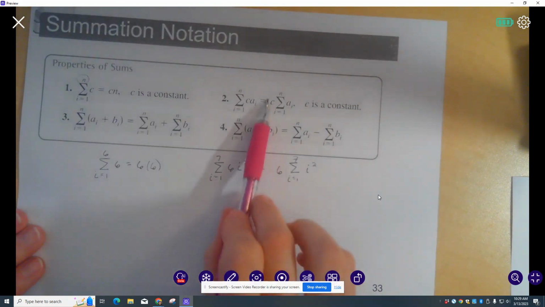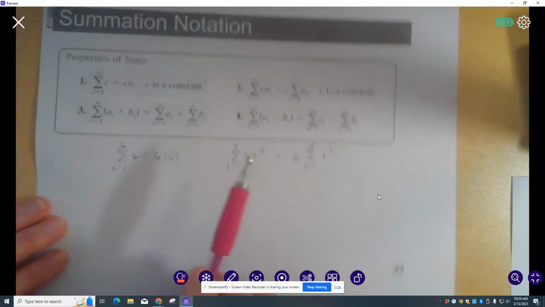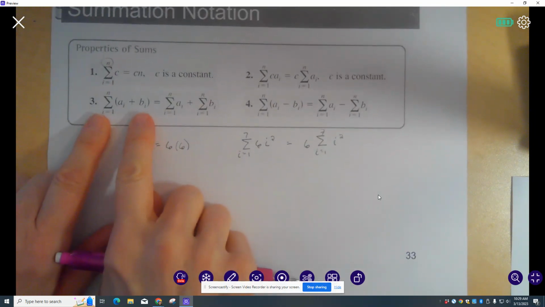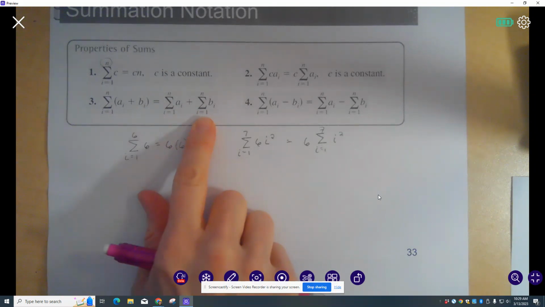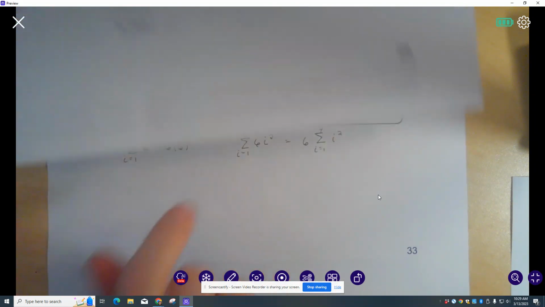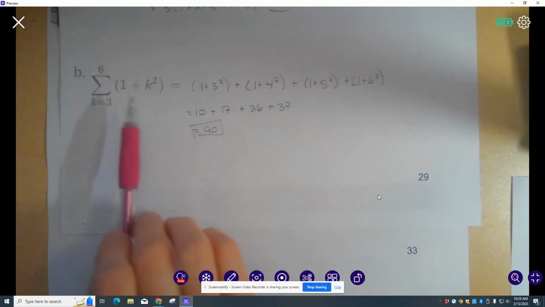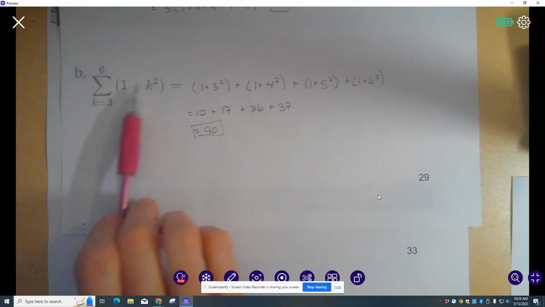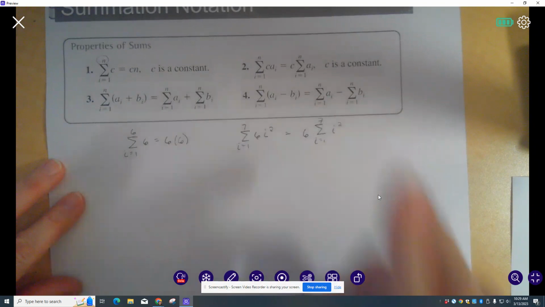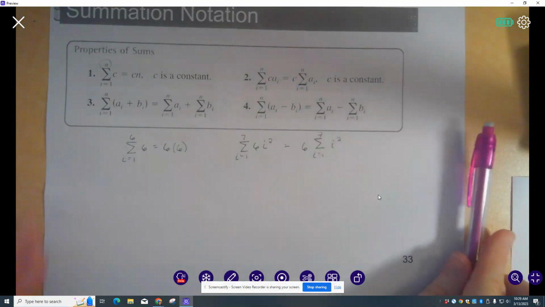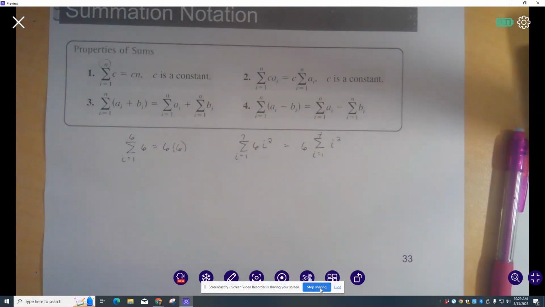We kind of already did that in an example. This just says if you have two terms added together in a summation, you can separate them into their own summations. For instance, on this one, I could have separated this into 2 summations. And then same thing for subtraction. So those make sense. Okay, so that is it for example 8 and summation notation on lesson 8.1.